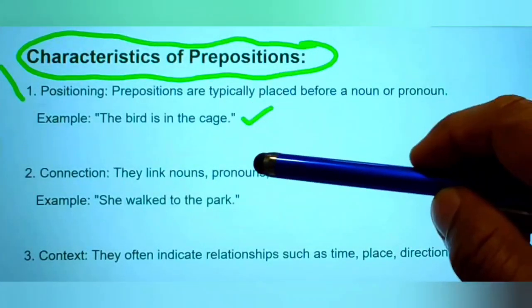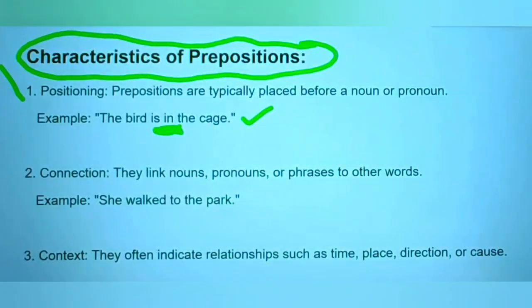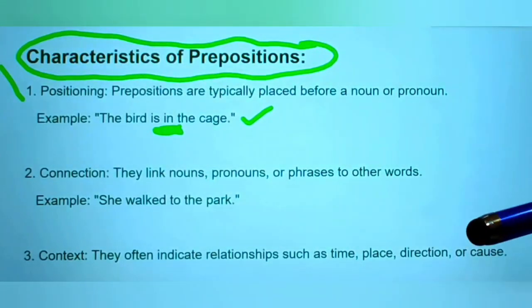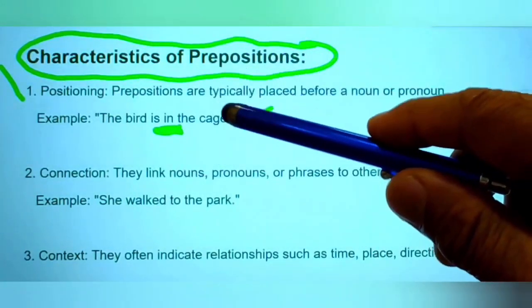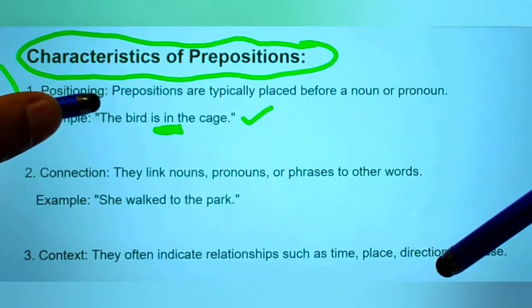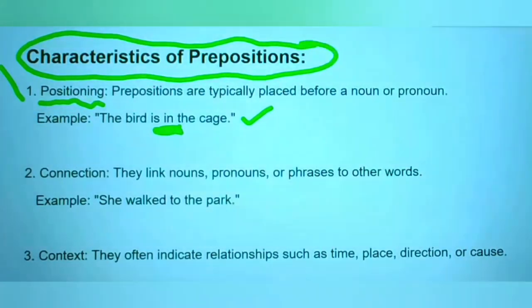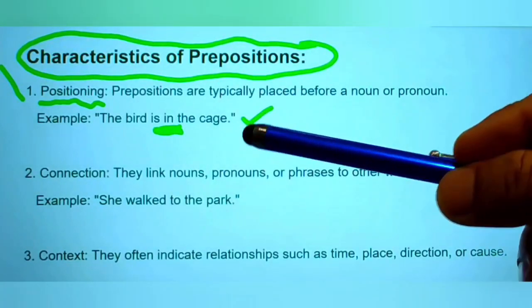In this sentence, the preposition in describes the positioning of the bird. Where is the bird? The bird is in the cage, and this describes the positioning of the bird. So the first characteristic of prepositions is positioning.